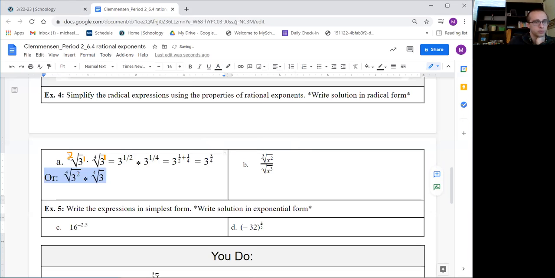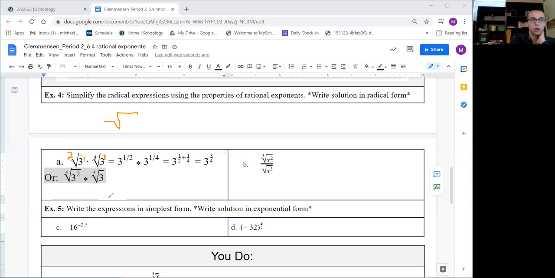So I start with this right here. What I need to do to be able to combine them. So the 2 is just our invisible number. That's always what we have there when we are just expecting nothing there, because it's called a square root. So that's our symbol for square root. We just leave that blank whenever there's a 2.